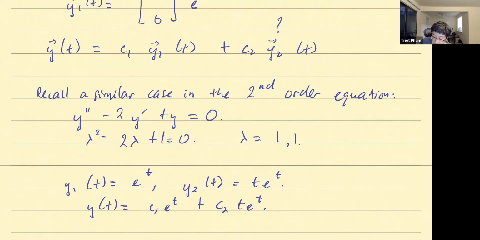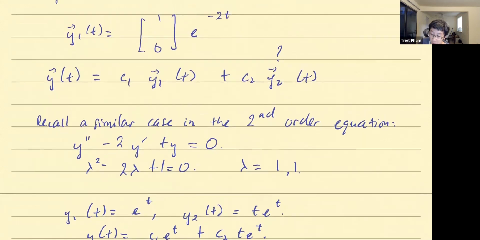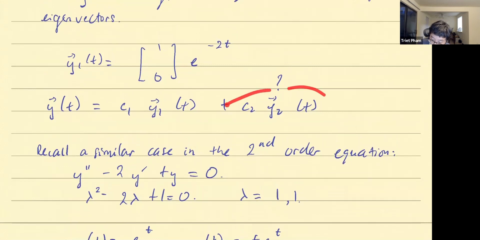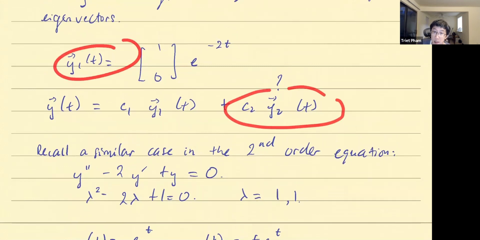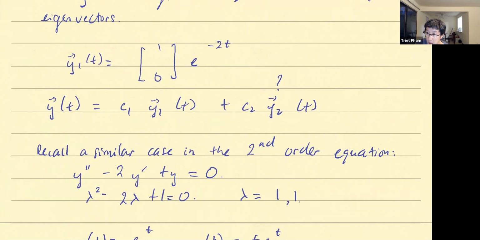So this kind of consideration, and there was an example in the first order equation too, kind of tells us that maybe we just take this one multiplied by t and we're done. Unfortunately, that's the right idea, but at least leading to a wrong solution.